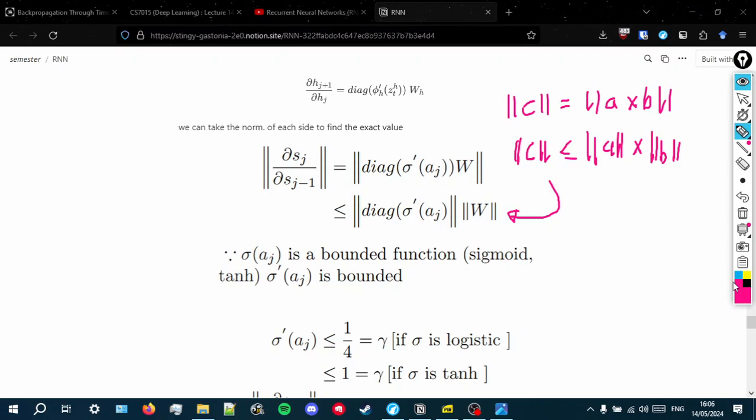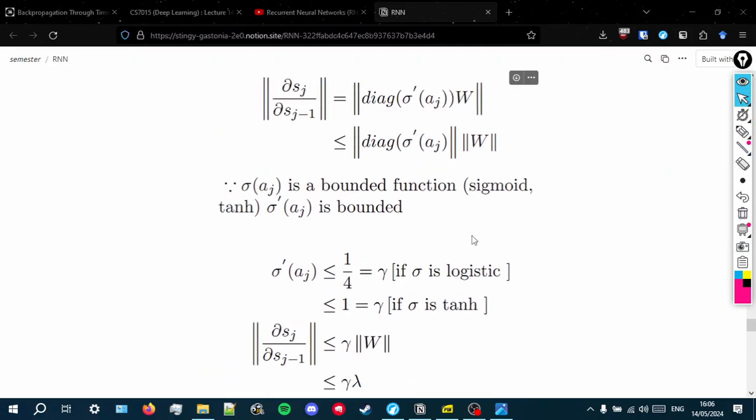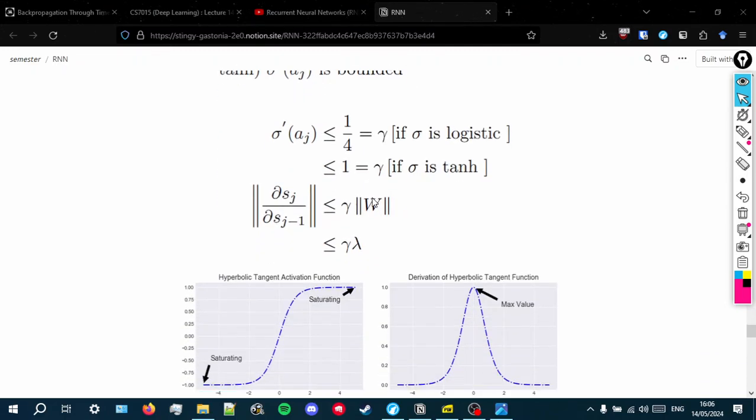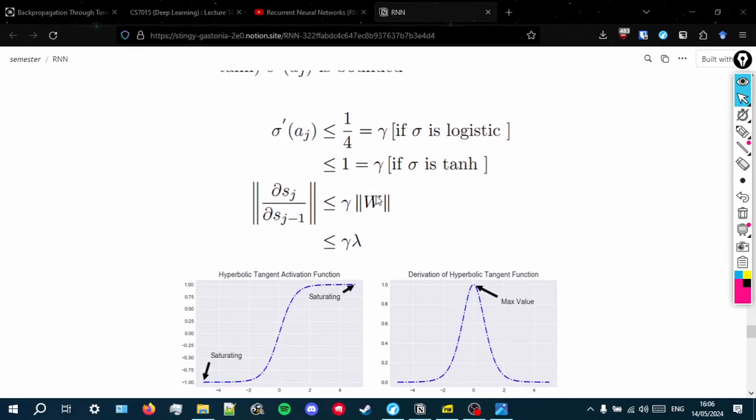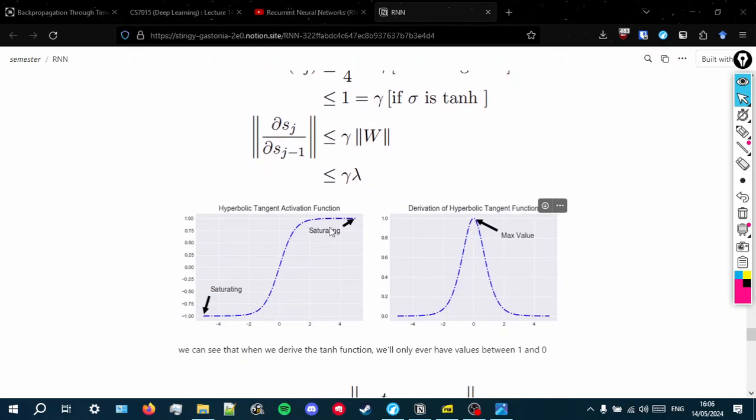So when looking at each value on its own, down here, the diagonal of this derivative of tanh is going to be according to this function here.